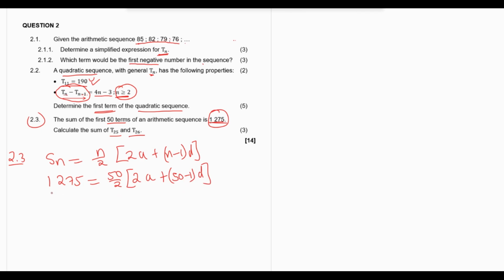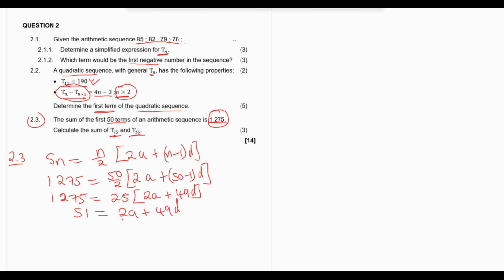Let's simplify this. 1275 is equal to 25 times 2a plus 49d. If we divide by 25 both sides, 1275 divided by 25, we get 51 is equal to 2a plus 49d.